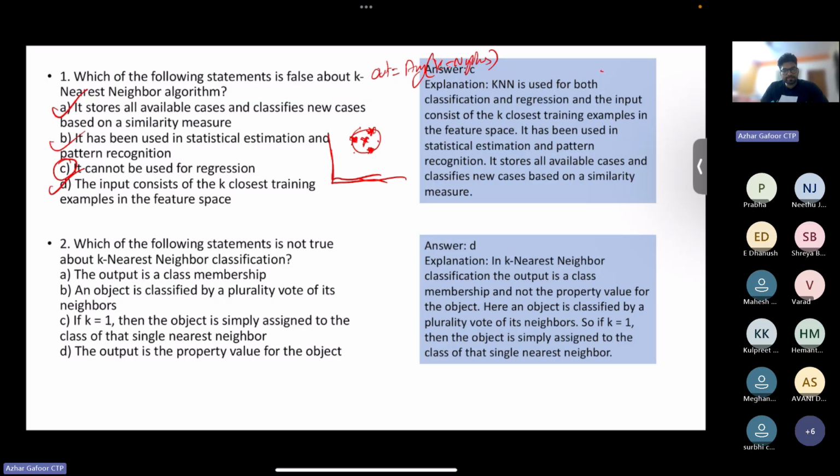In case of classification, the majority class of the neighbors is chosen. In case of regression, we use the average value of the neighbors. For the second question, which is not true, option D is the correct answer. The output is the property value of the object.